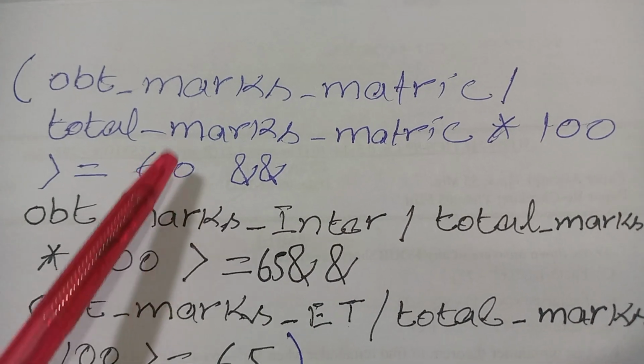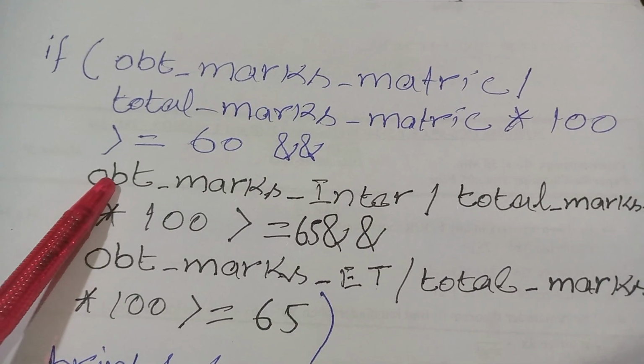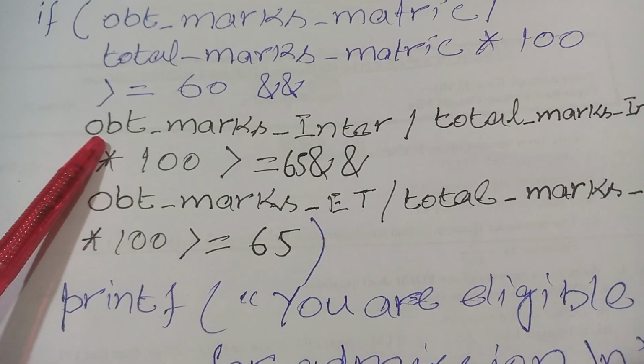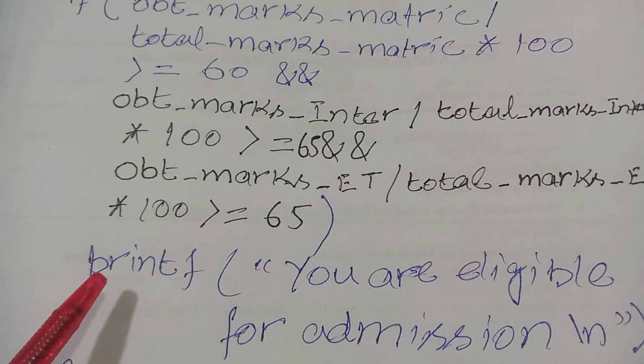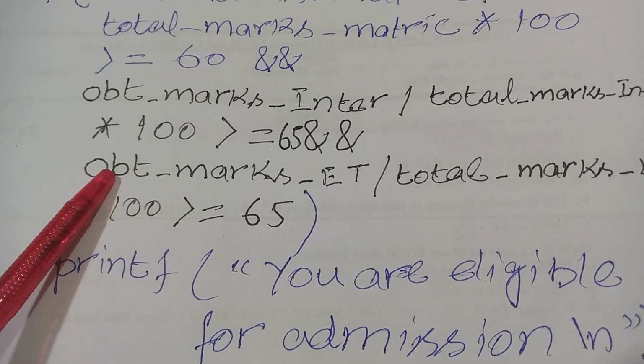obtained marks. The formula is written in front of you. In the same way, you will calculate the percentage of intermediate marks. In the same way, you will calculate the percentage of entrance test.